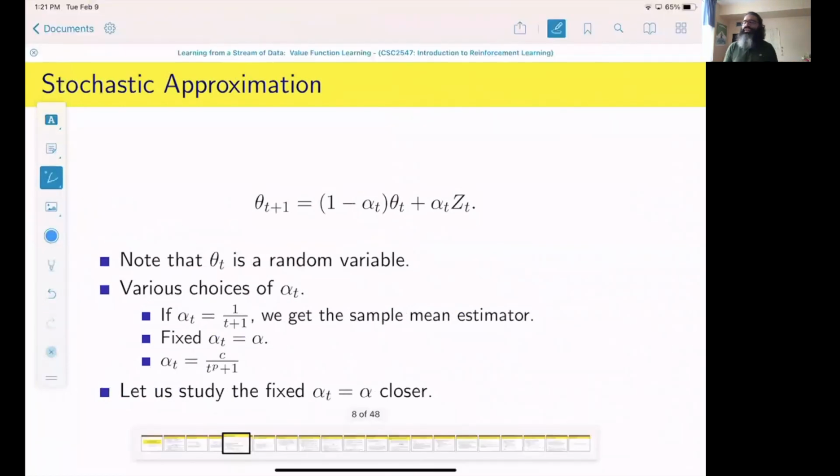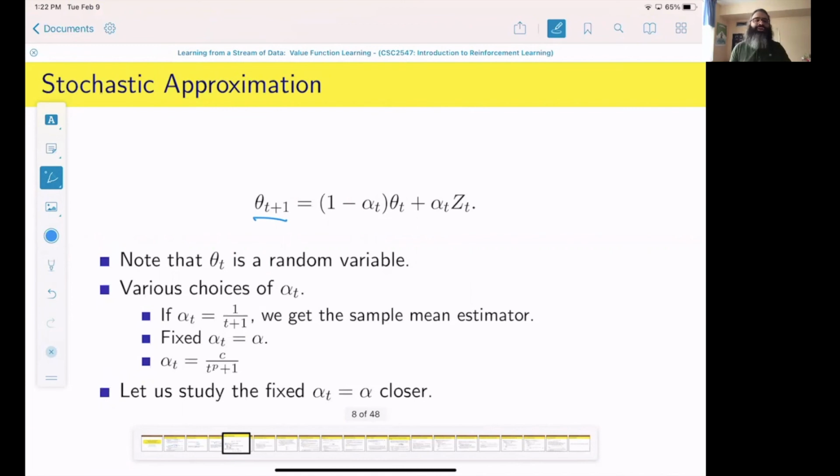Let's talk a little more about stochastic approximation and study a few aspects of it in the context of estimating the mean of some random variable. Here I write the same formula as before, but I use the notation theta instead of m, to distinguish it from M_T, which was the sample average of the first T samples.